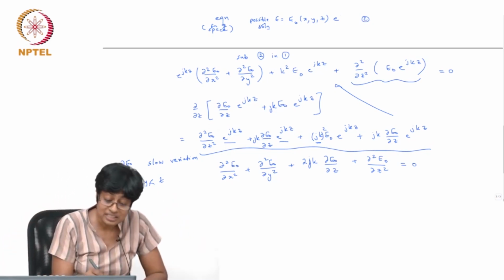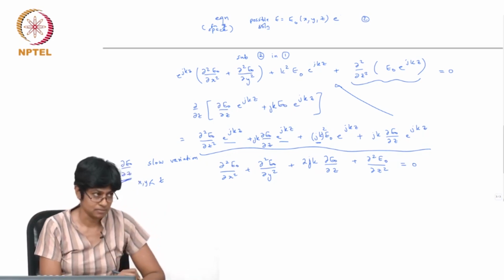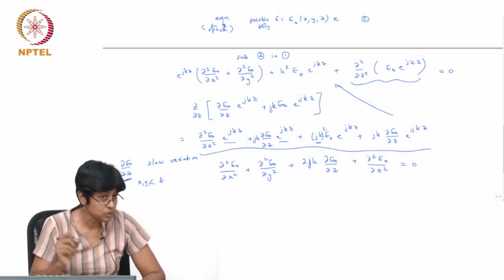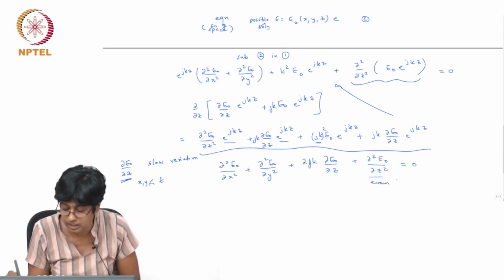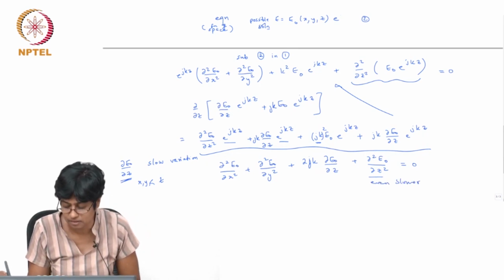So, this is a slow variation compared to dou squared by dou x squared and dou squared by dou y squared. And that's why we say this is an even slower variation and you can neglect it.